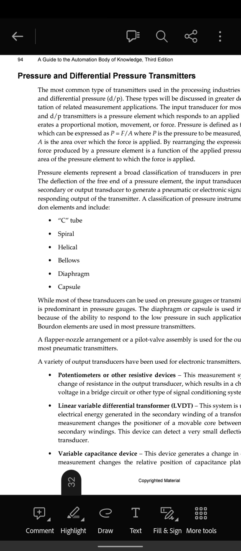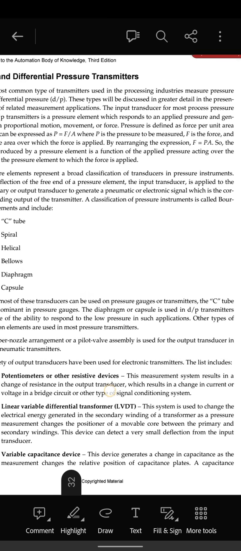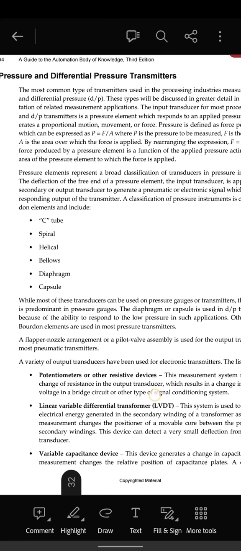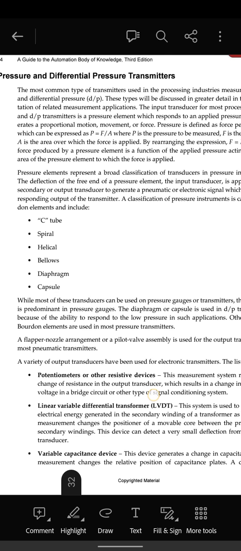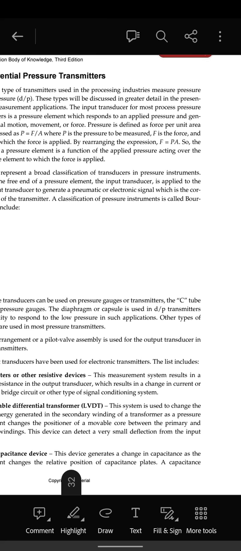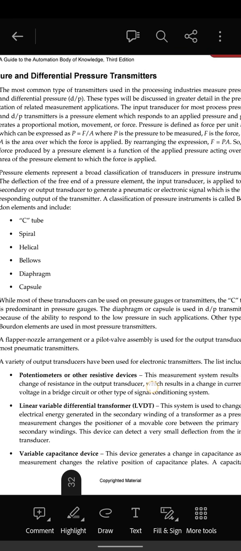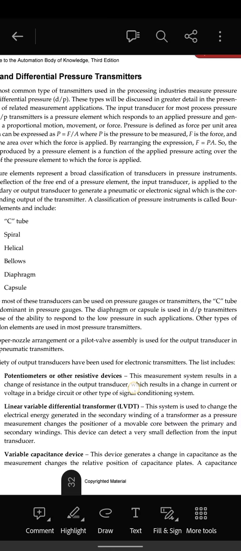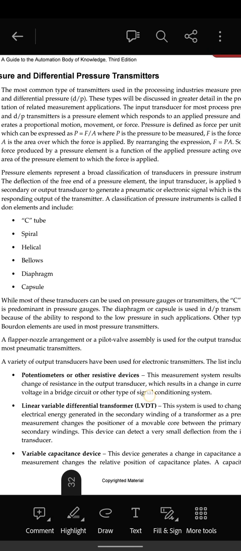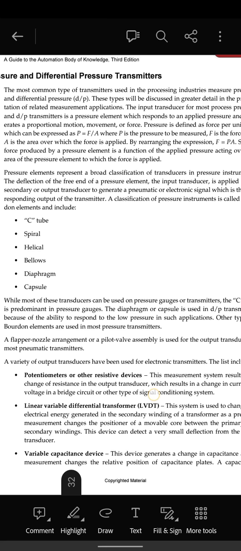While most of these transducers can be used as pressure gauges or transmitters, the C type is predominant in pressure gauges. The diaphragm or capsule is used in D or P transmitters because of its ability to respond to the low pressure in such applications. Other types of Bourdon elements are used in most pressure transmitters.